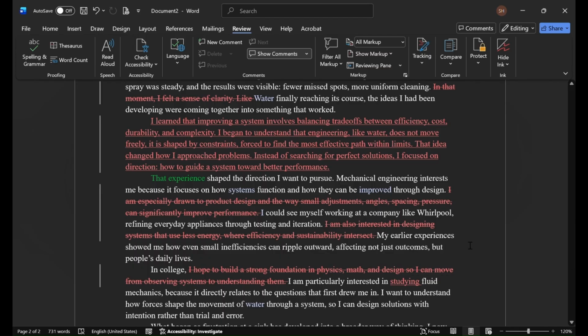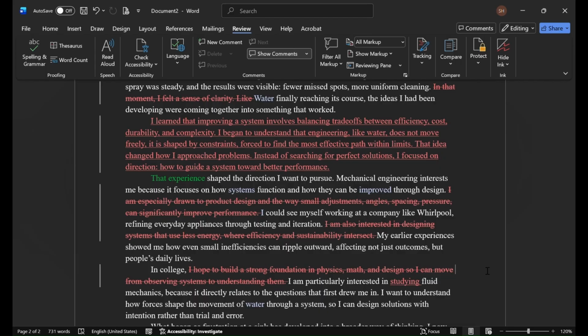What I did leave here, right, was my early experiences showed me how even small inefficiencies can ripple outward, affecting not just outcomes, but people's daily lives. So we did add in that point about how the dishwashing example was affecting the family of the student. And so it's fine to sort of recall that bit here when we're talking about the career.